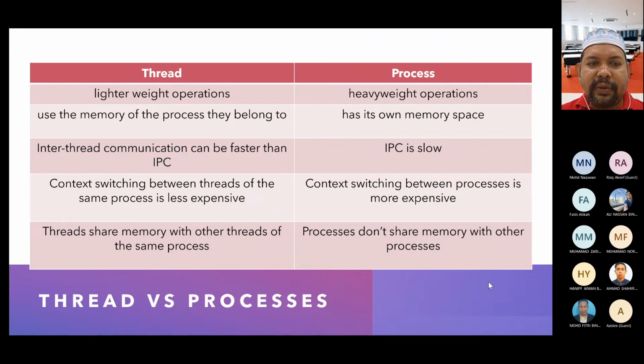Context switching between threads of the same process is less expensive, but context switching between processes is more expensive. Threads share memory with other threads of the same process, but processes don't share memory with other processes. That's why we need IPC, inter-process communication. One of them is shared memory. Okay, that's easy to understand.